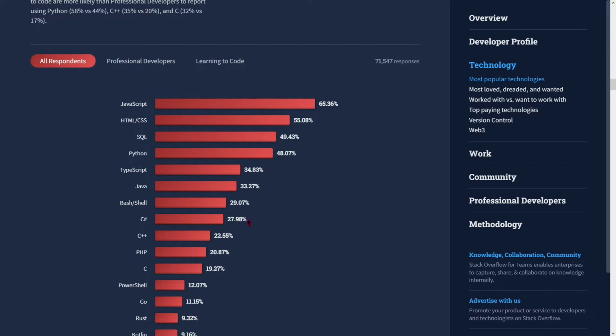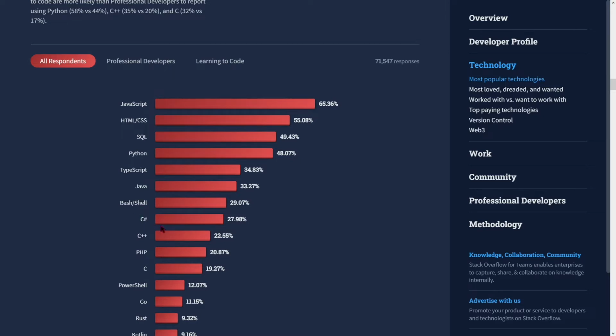That's a big difference. A lot of people are using C#, I think, because it's simpler and easier to study and learn. C++ is maybe a bit harder and a bit more complicated than C#.